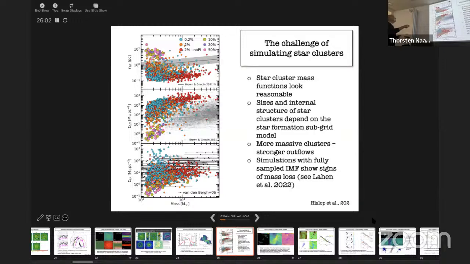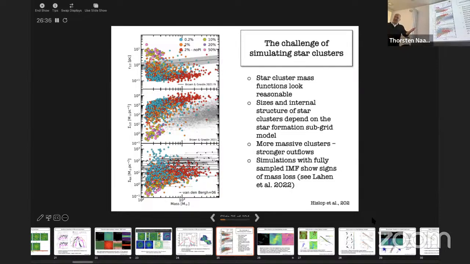The low efficiency values give you very dense clusters, probably too dense, too small. The high efficiency gives you fewer clusters. Same star formation, it's just that the fraction of stars forming clusters is lower here, but also not great. And the simulation without photoionization gives you more massive clusters.